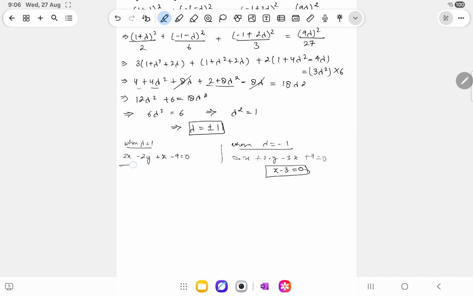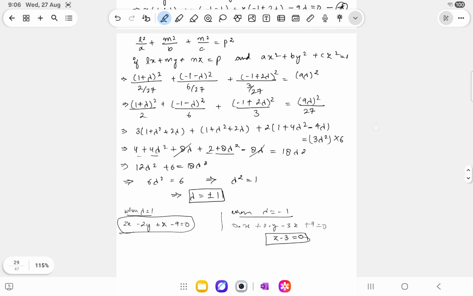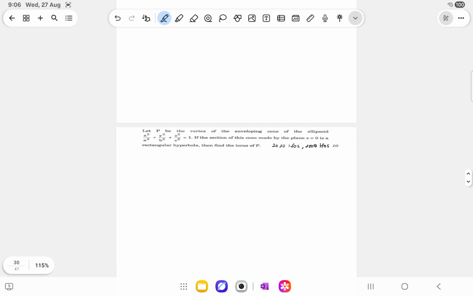So we have two equations of planes which are tangent to the given ellipsoid and passing via given lines. So let us move on to the next question.